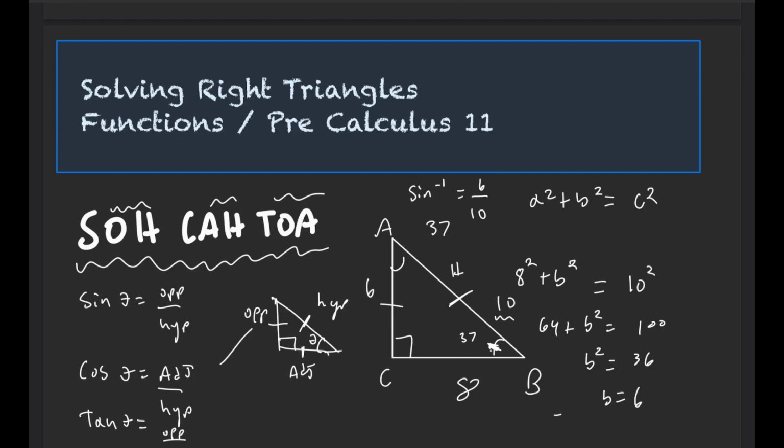And then therefore the other angle, we can just subtract, like 180 minus 90 minus the angle we found, and we'll get 53 degrees. So this one is 53.